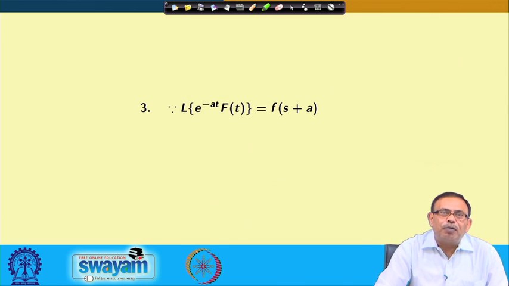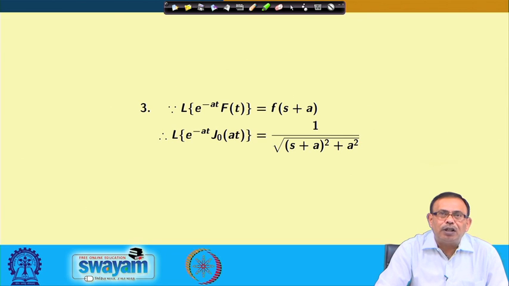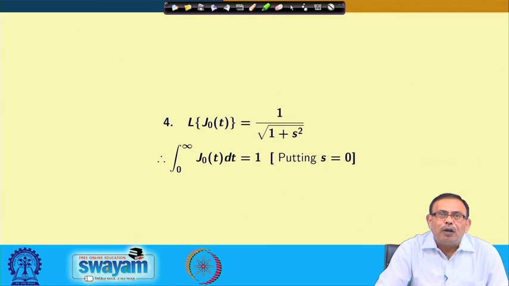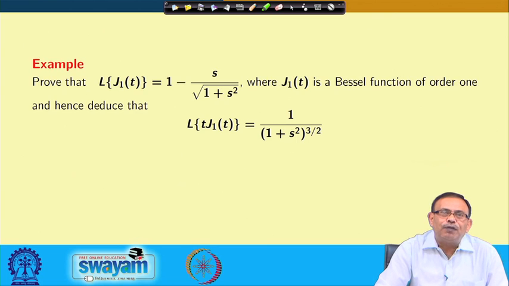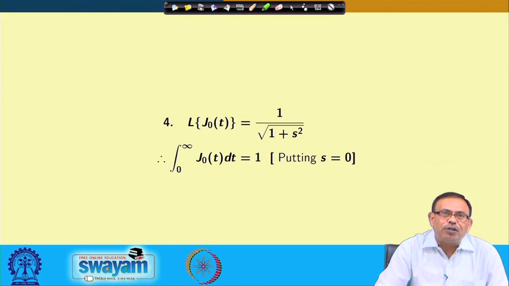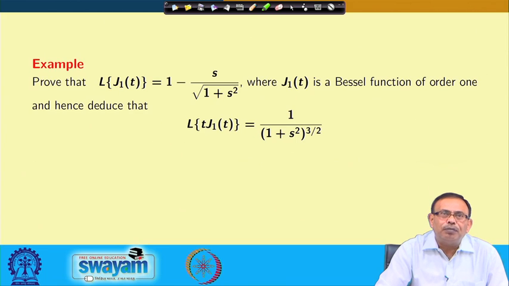In the third problem, we found the Laplace transform of e power minus at into J0(at). Then in fourth, we found the integral 0 to infinity J0(t) dt. This is equal to 1, directly we have shown from the theorem.